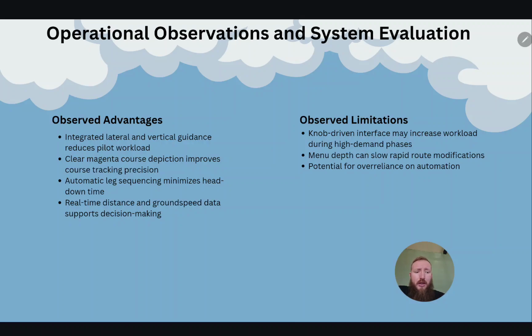Sometimes that might be a limitation, but all in all, I think it's designed really well. And then just the overall potential for over-reliance on automation. You still need to make sure that you're maintaining good pilotage and being a good aviator as you're up there, not just relying on the machine.